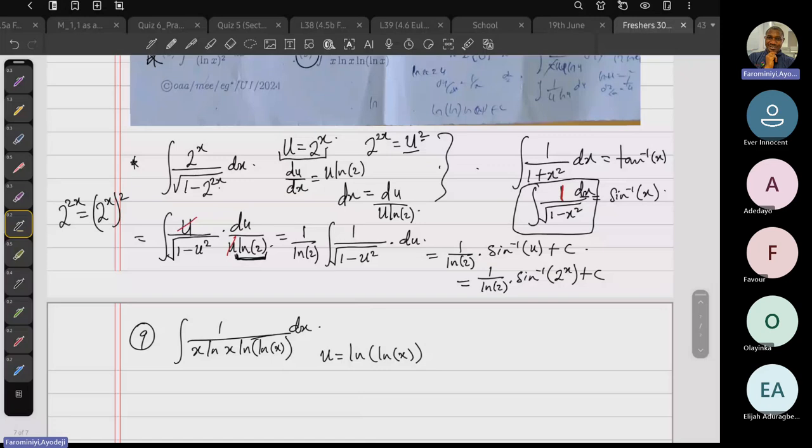What's the derivative of natural log of natural log of x? So generally, when y is equal to natural log of a function, the dy dx is just the derivative of that function over that function.